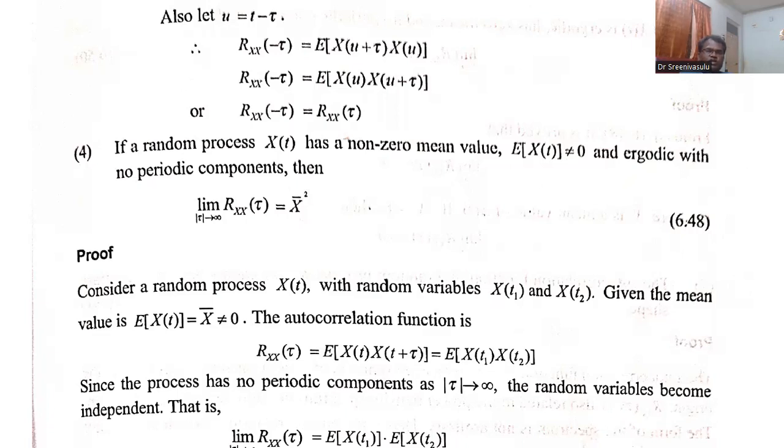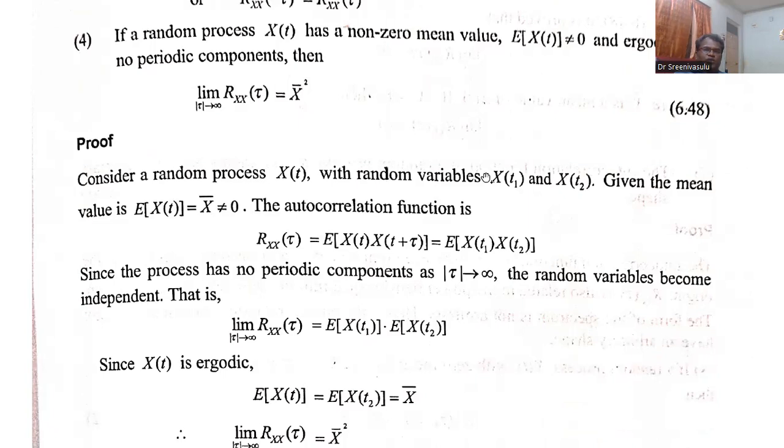Again, whether it is a t or u or k, it is a variable. Tau is a constant. So it's nothing but Rxx of tau. So instead of t, now we have u, some other variable, but finally it is the autocorrelation function between them. So Rxx of minus tau is equal to Rxx of tau. So it satisfies the even symmetry.